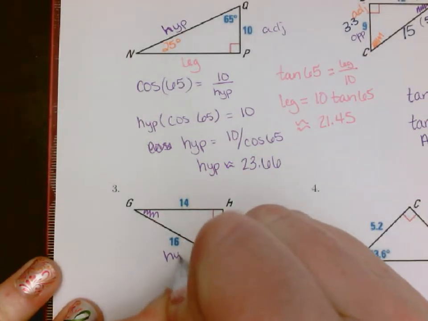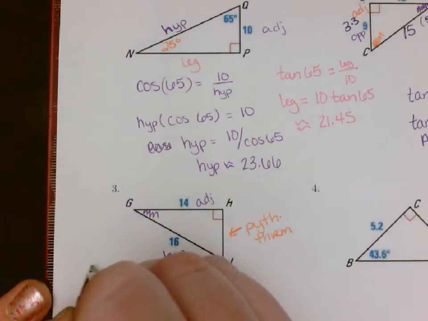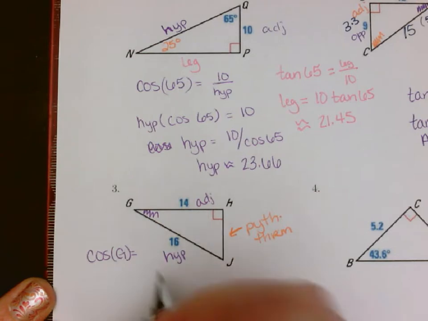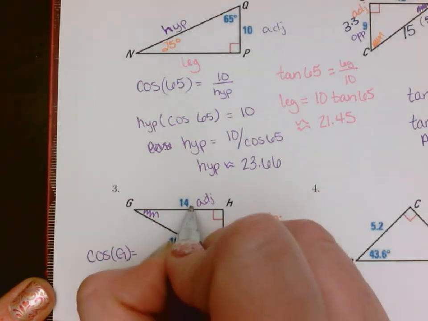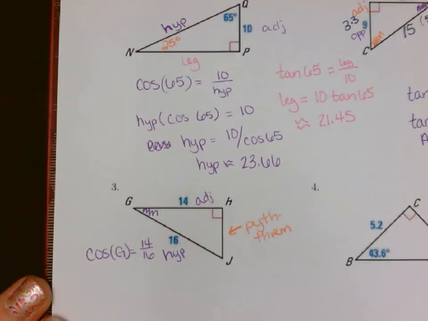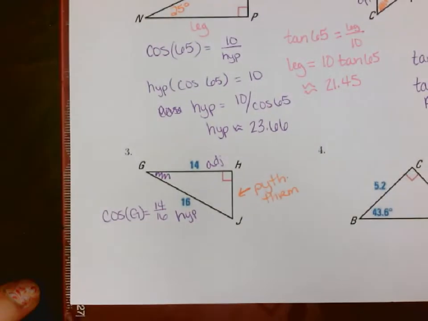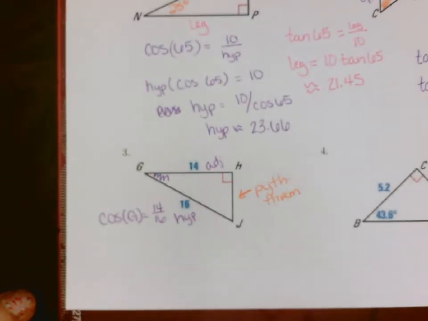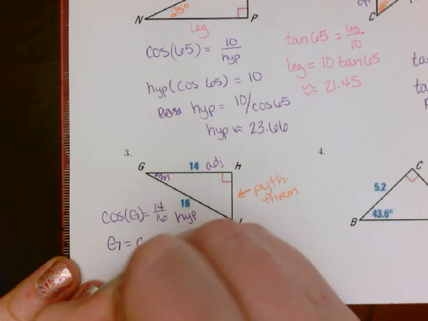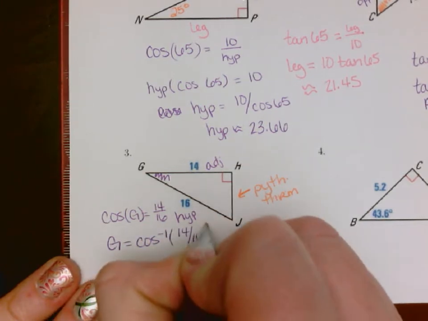So that would be cosine of G is equal to adjacent over hypotenuse, 14 over 16. To undo that, I'm going to take the inverse, so G is equal to cosine inverse of 14 divided by 16.